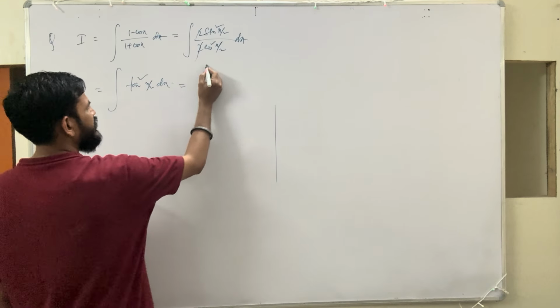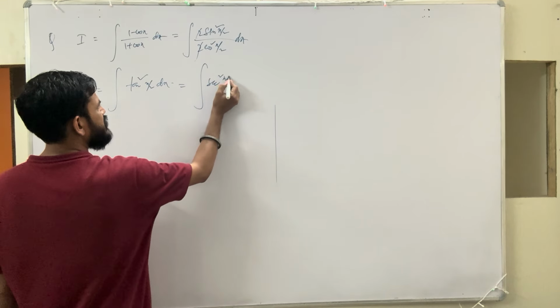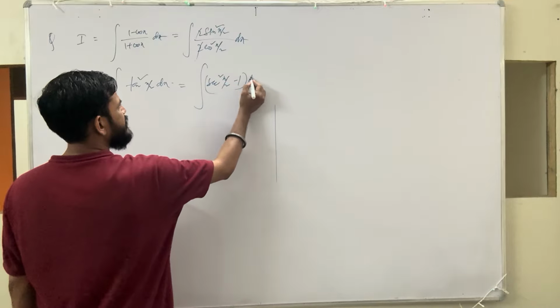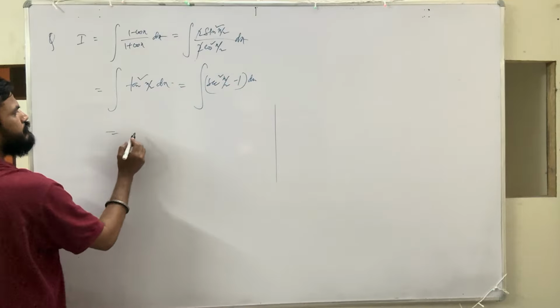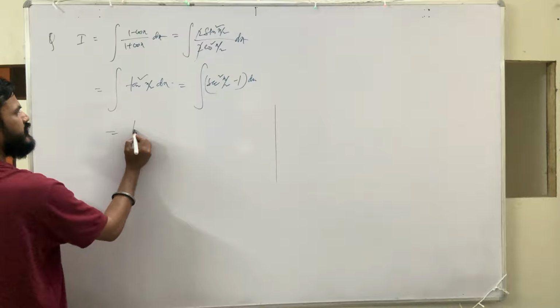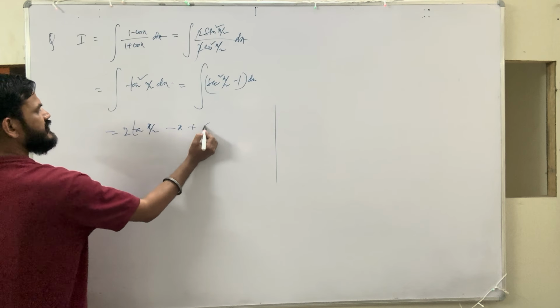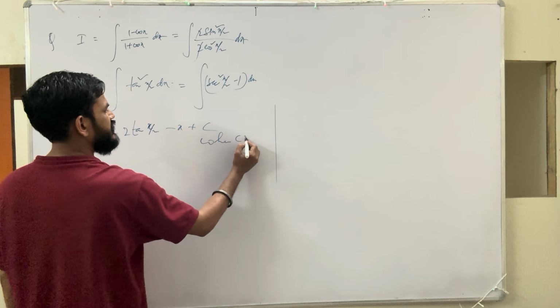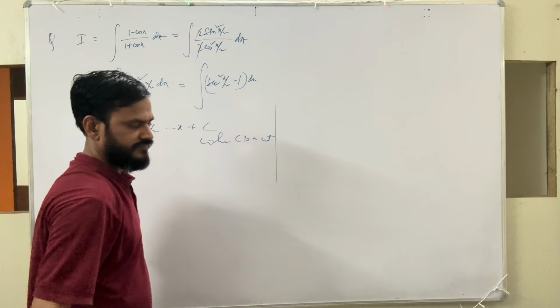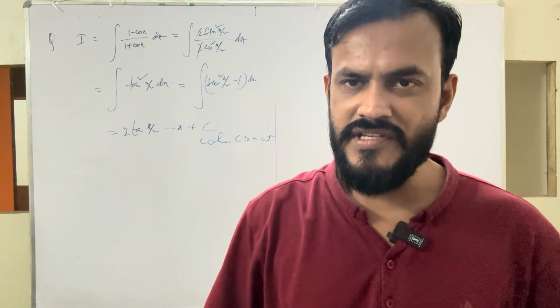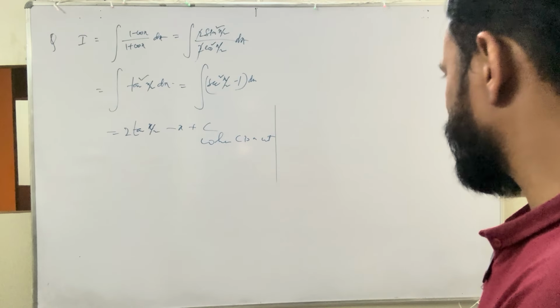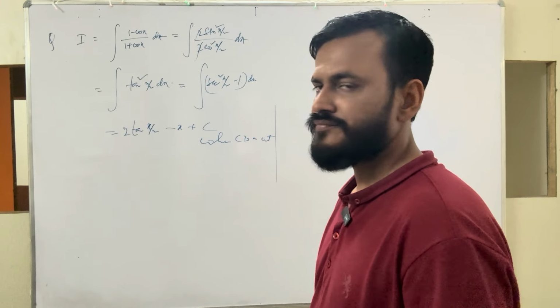Now tan square is very straightforward: secant square x by 2 minus 1 dx. So integration of secant square will become tan x by 2 into 2, minus x, plus c, where c is a constant. So we need to use the half angle formula here to solve this integral.